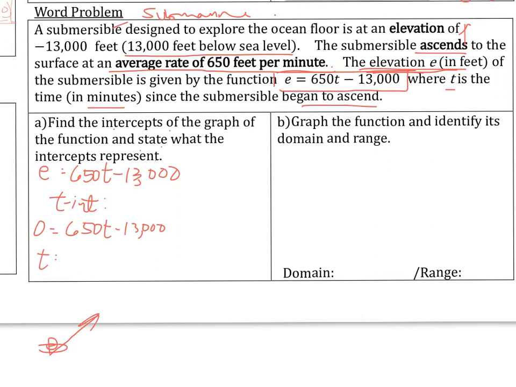So t would equal 13,000 over 650. And after you simplify this, it will equal 20. And it will be 20, 0.